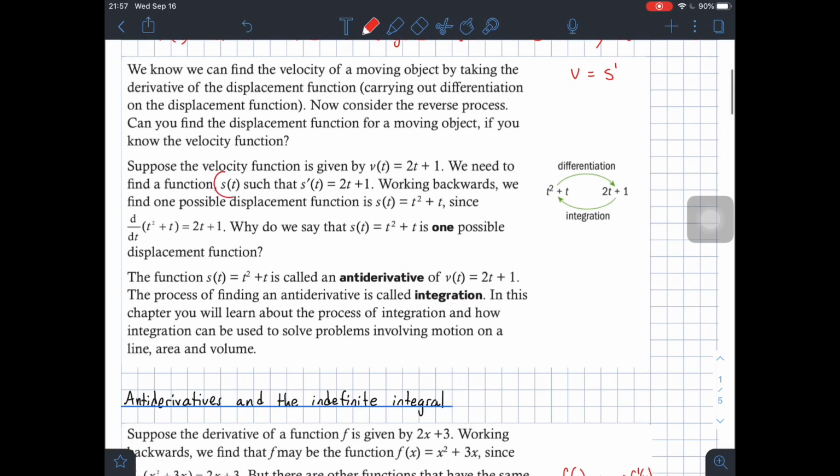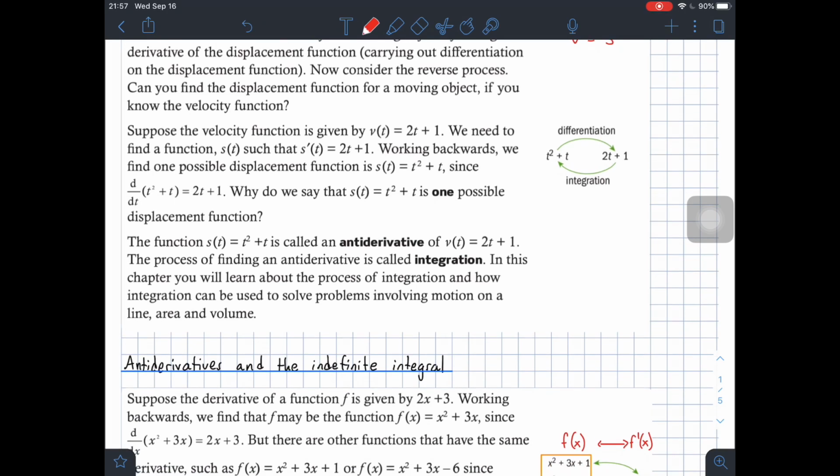We need to find a function s of t such that its derivative is 2t plus 1, right? So working backwards, we find one possible displacement function, which could be s of t equals t squared plus t. Since if we find the derivative of this expression, we're going to get 2t plus 1, right? So that's exactly the velocity function we had before.